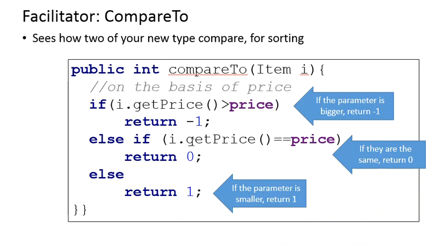If I's price is equal to my price, then I'm going to return a 0. Otherwise, the reverse is true: I is smaller than me, so I'm bigger, and I'm going to return a 1. That's how compareTo works. Notice that compareTo is always on the basis of something. You're always going to be comparing on the basis of price in this instance.